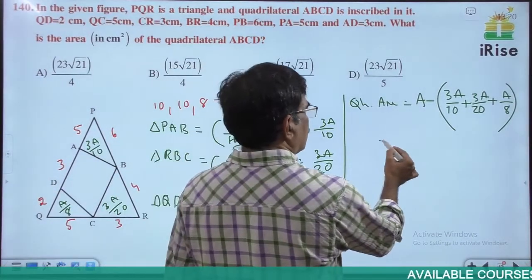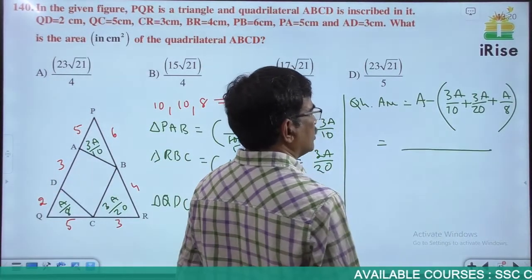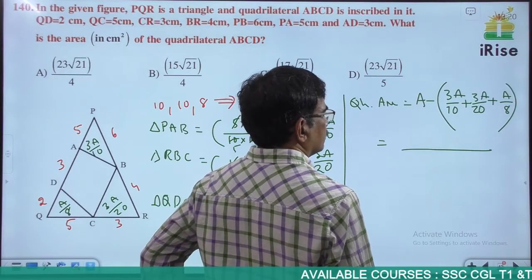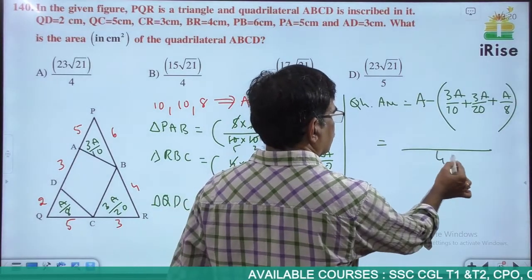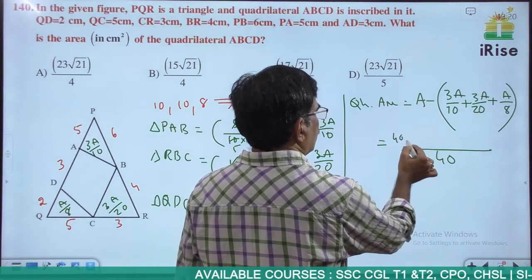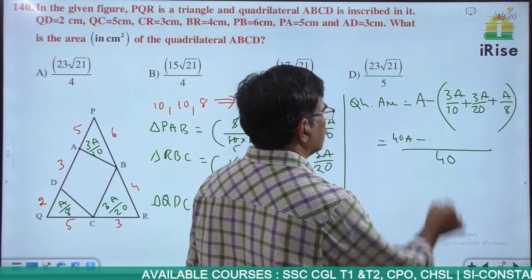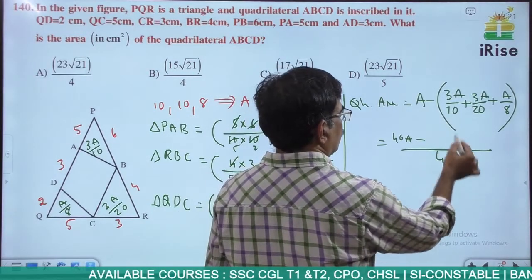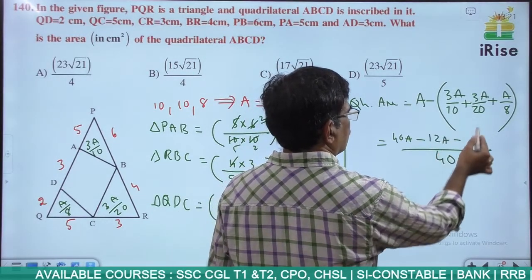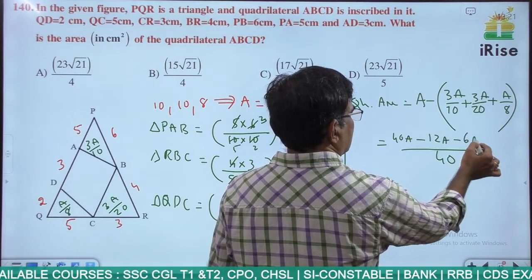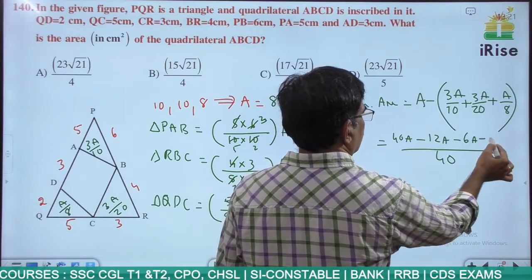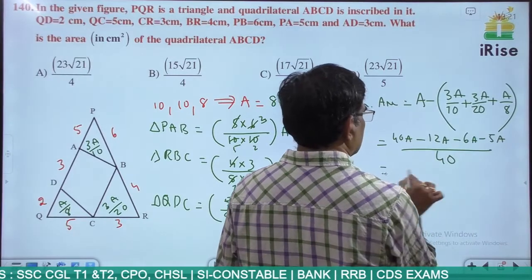The LCM is 40. 40A minus 10 4's, 4 3's 12A, 2's 6A, 8 5's minus 5.